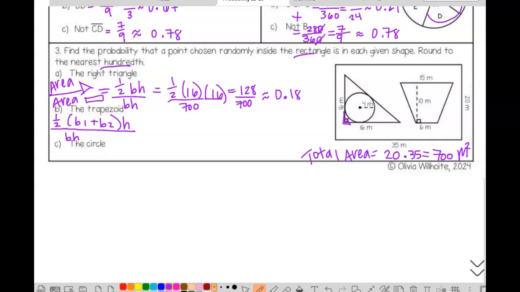Nathaniel, you asleep? Okay, look at your trapezoid. Who are the parallel bases? What side lengths are they? For the trapezoid, 15 and 6.